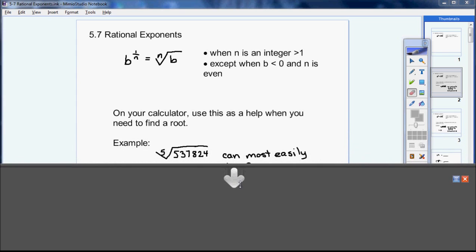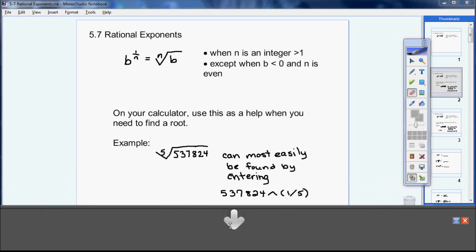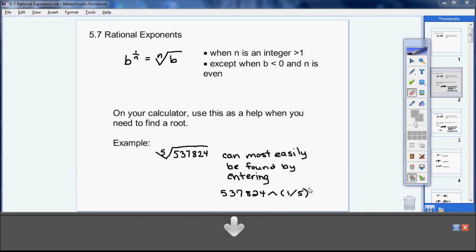So if I want to find the fifth root of 537,824, one way is to go into the math button and do the fifth root like that. However, a quicker way is to remember that this 5 is really a fractional exponent, 1/5.